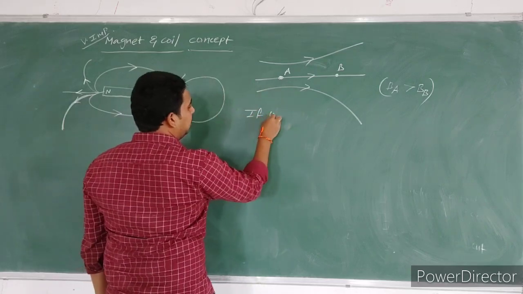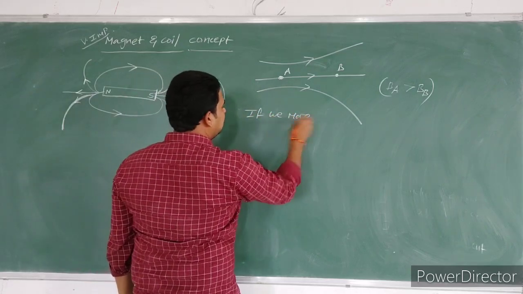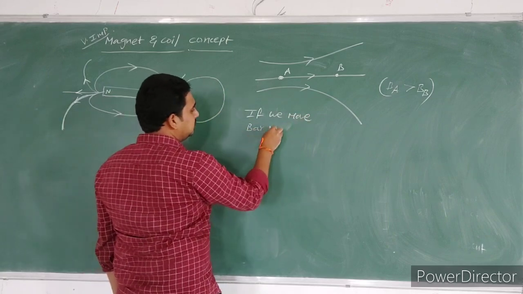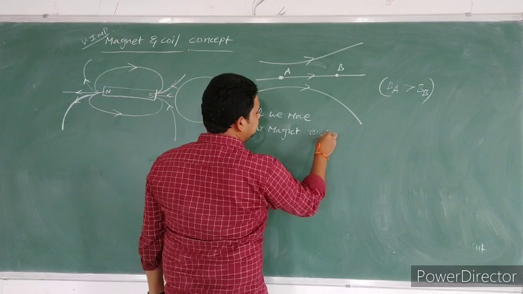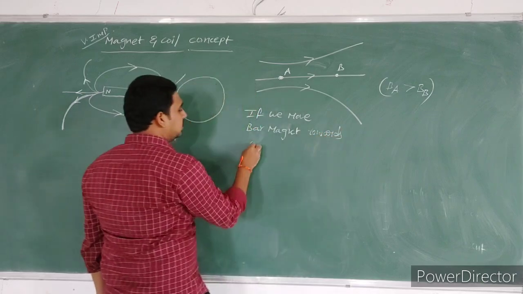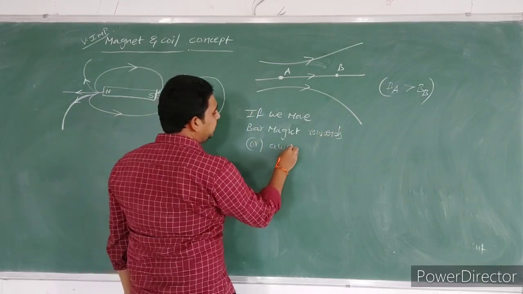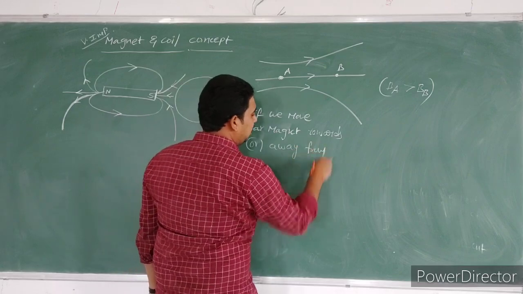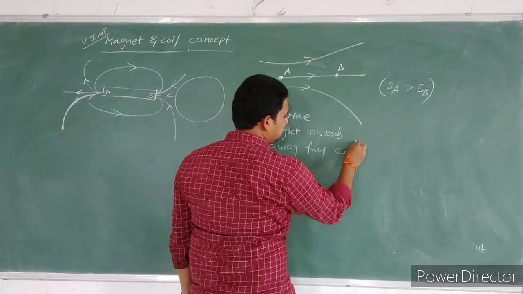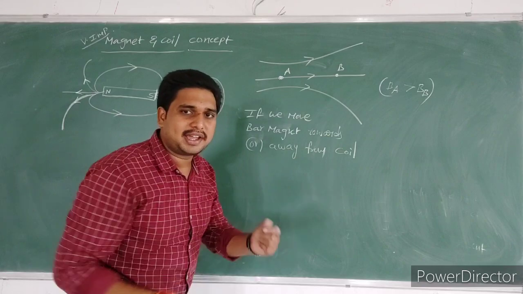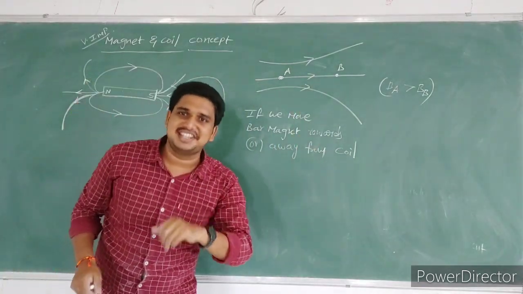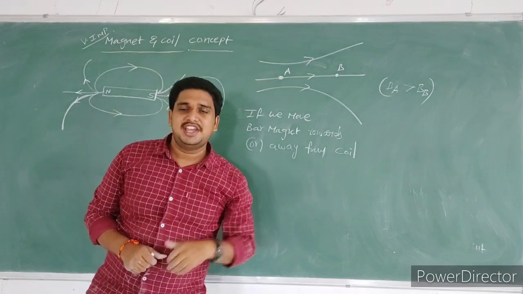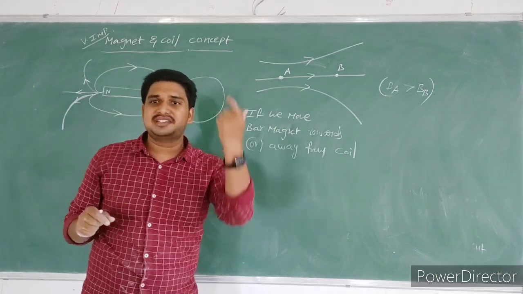If we move the bar magnet towards or away from the coil: if you move towards the coil, the magnetic field strength increases.